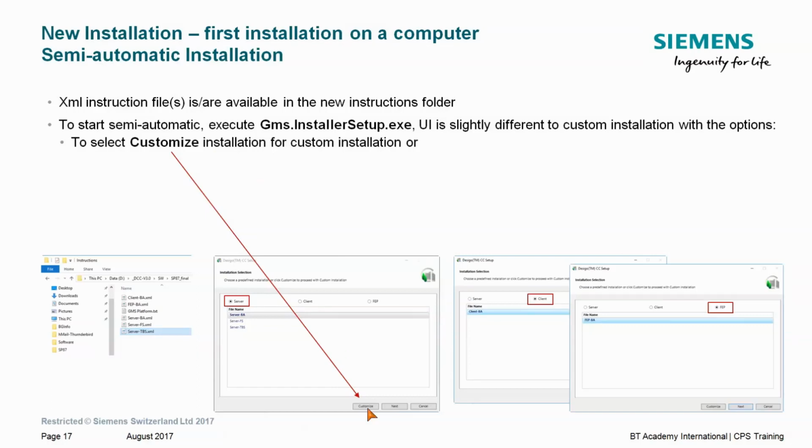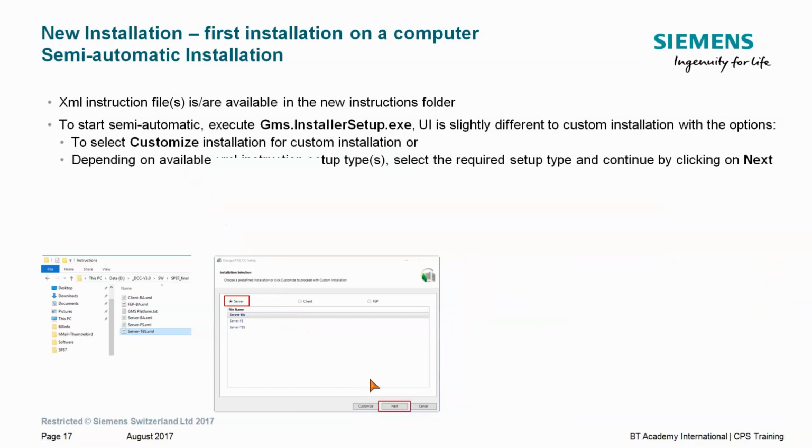By clicking on customize, I will start the custom installation as we know it from version 2.1. Or I select one of those available instructions files and I click on next, and then with that the semi-automatic installation basically starts.